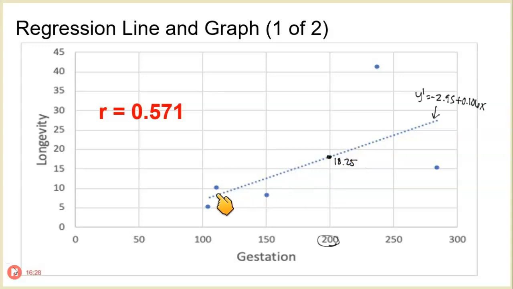If I were to extend that line out, that's why the y-intercept is negative. That's why this 2.95 is negative, because the line will cross the y-axis below 0.